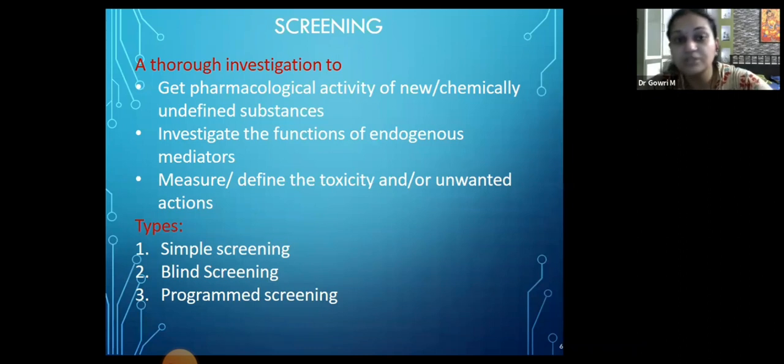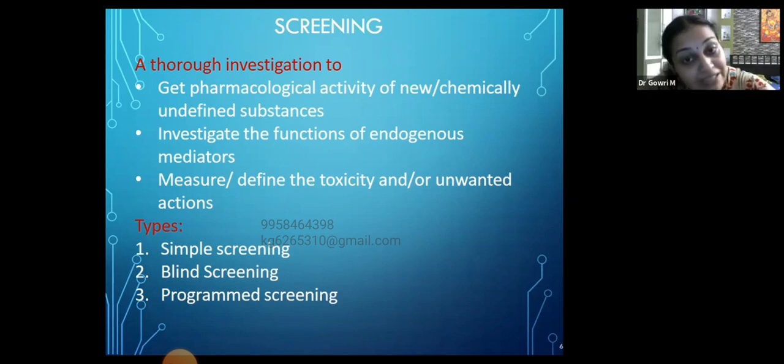And if modern pharmacy is going to develop a new drug for hyperglycemia, then that is a new substance. So by screening, we are going to get the pharmacological activity of either a new substance or a chemically undefined substance. And then what will we do? We have to investigate the functions of the endogenous mediator. What happens when you give this particular drug or formulation?